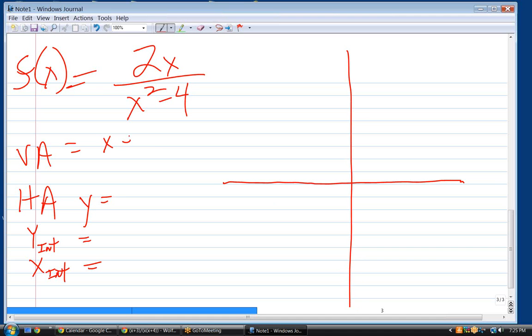Yeah, x equal 2 and x equal negative 2, which gives us one of these pictures where we have the double vertical asymptote, and then we always have, what's the horizontal asymptote? 0. Y equals 0.